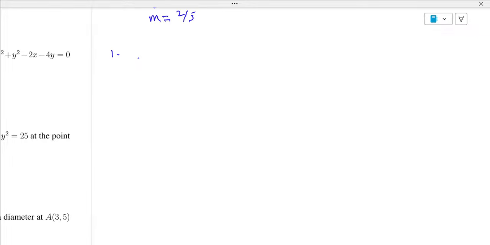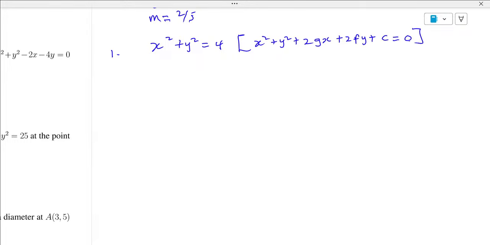So to find the center and radius of x squared plus y squared equal to 4, what will be the center? If you compare it to the general form, our general form of the equation is x squared plus y squared plus 2jx plus 2fy plus c equal to 0.